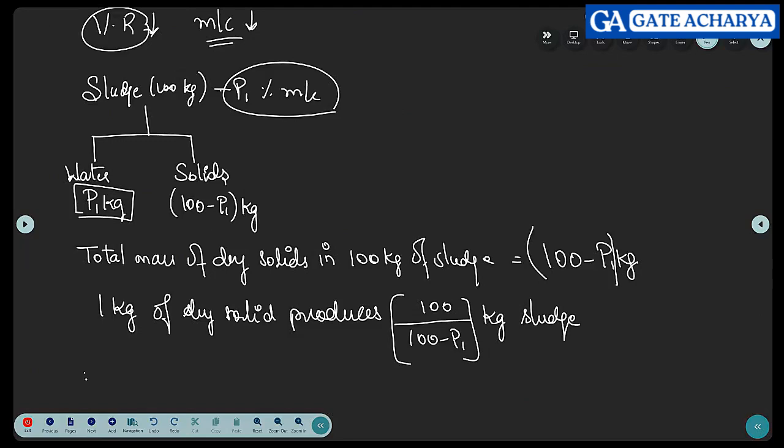Similarly, m kg of dry solid produces 100 divided by 100 minus P1 into m kg of sludge.